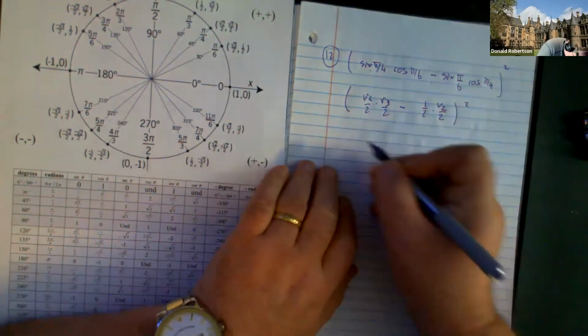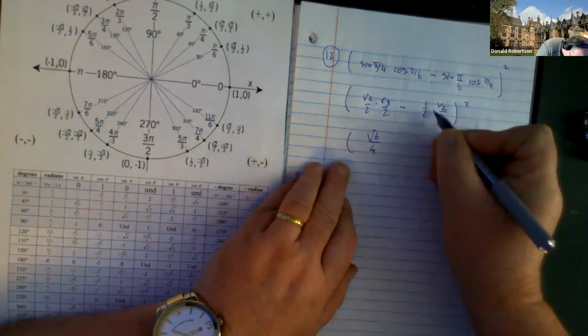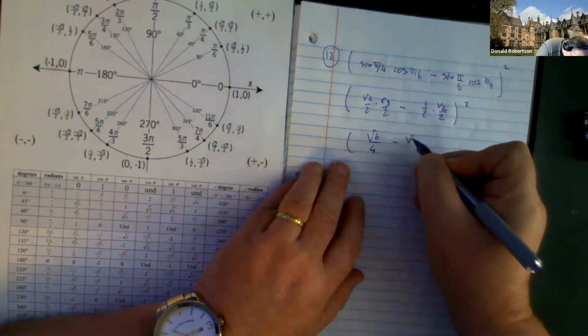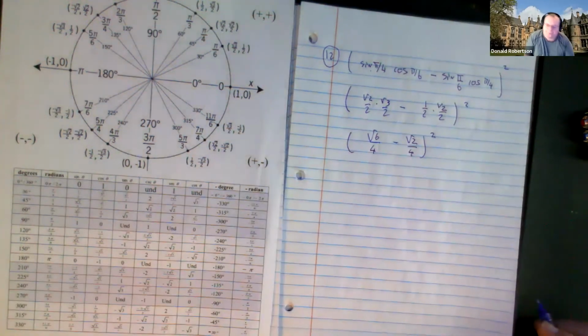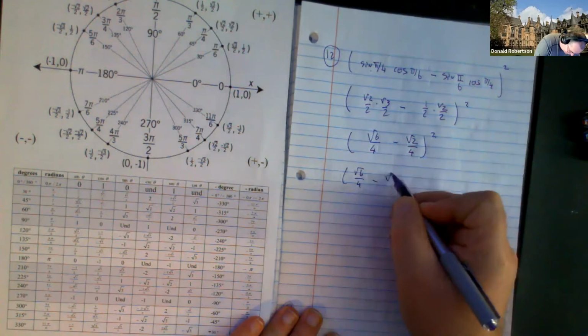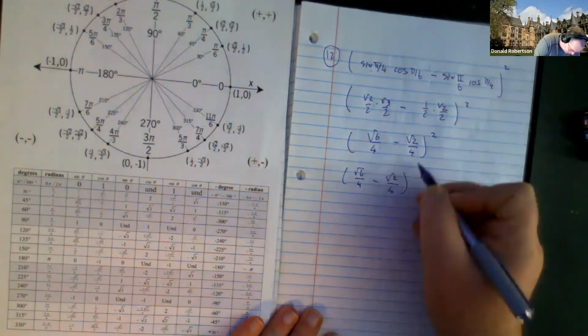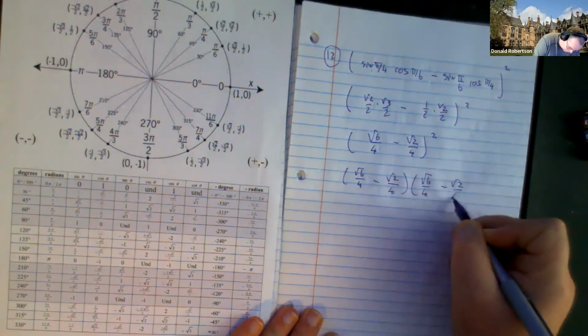Those two guys get you root 6 over 4. Those two guys get you root 2 over 4. And then you're going to square it. And the safest way to do this calculation is to do it by thinking about FOIL.